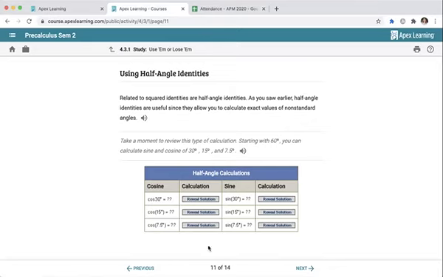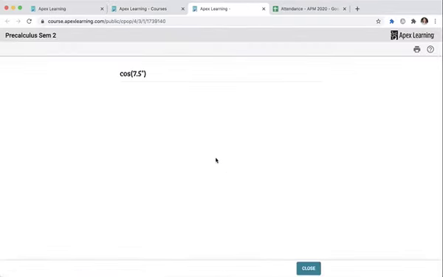All right, and I know we already know that one, but where this becomes more handy for us would be right here. If we're looking at cosine of 7.5, if it asked you for an exact answer, you'd have to give it in terms of square roots and pis and all of those values.